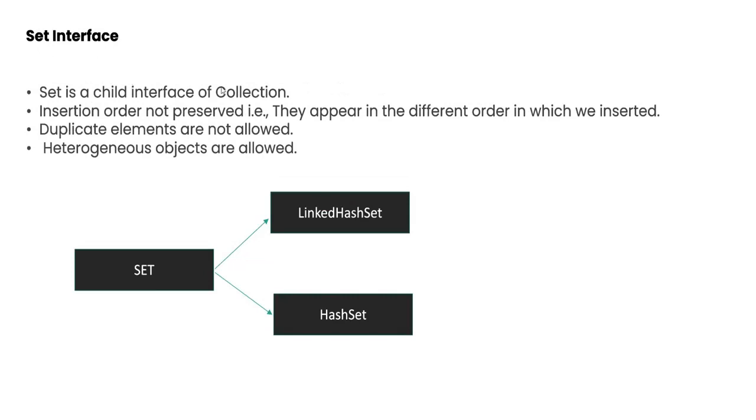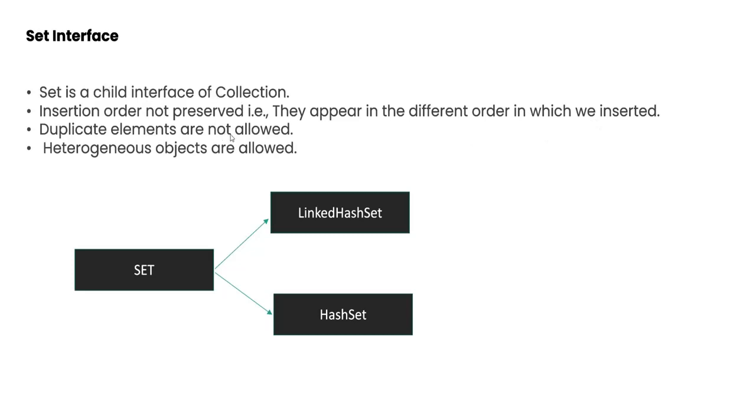Going to the next, the Set interface. Set is a child interface of Collection, as we saw. Insertion order is not preserved, that is, elements appear in a different order from the one in which we inserted them. In List, it will preserve the order. Here, it will randomly store it, so there is no insertion order.